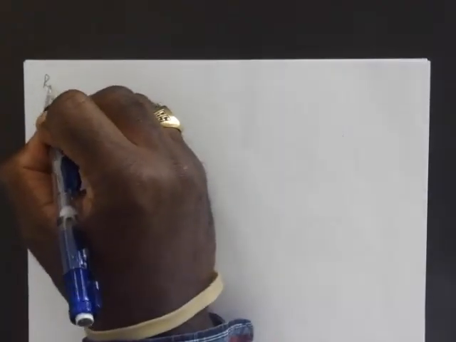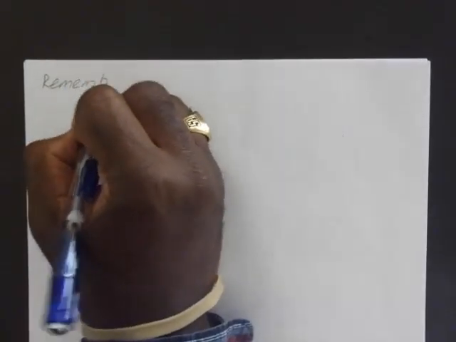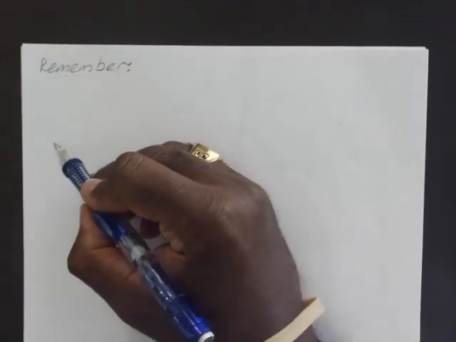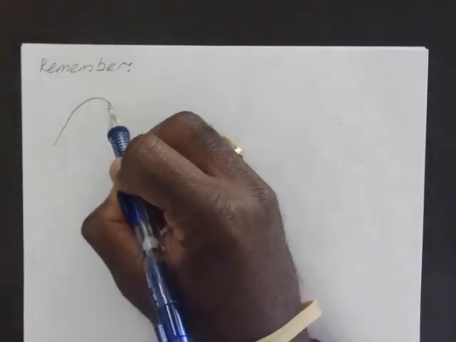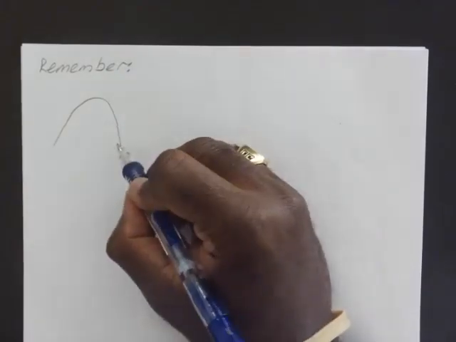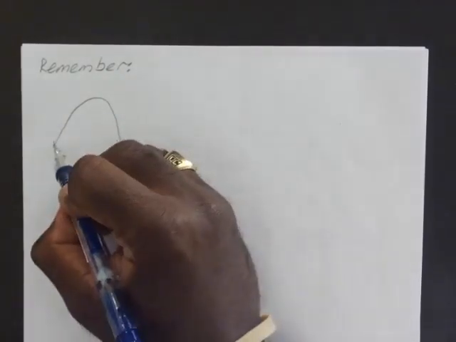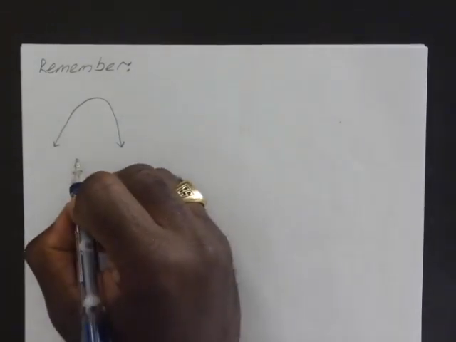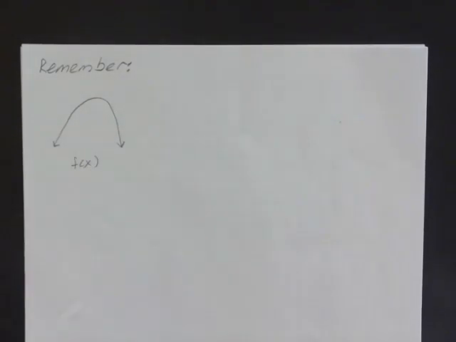Okay. Now let's look at some topics that we should already know. So what if we have a quadratic function, or the graph of a quadratic function, and we'll call this just f of x.